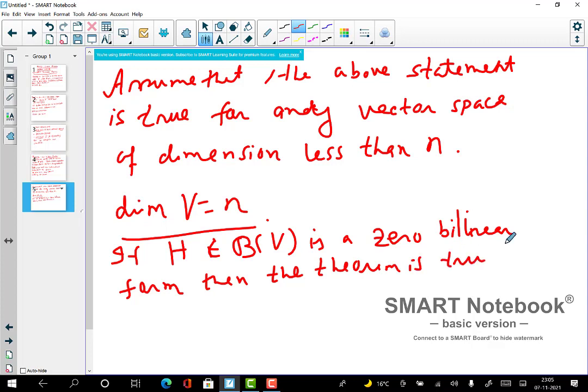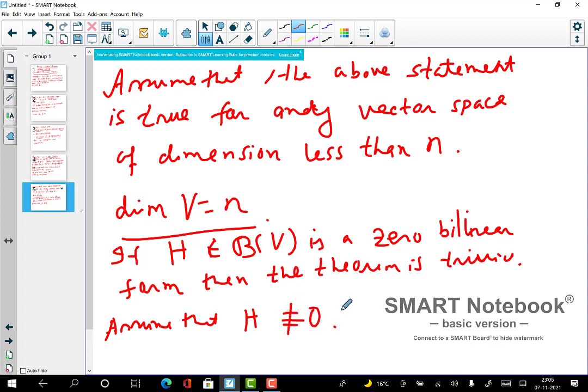So thus assume that H is not identically zero.